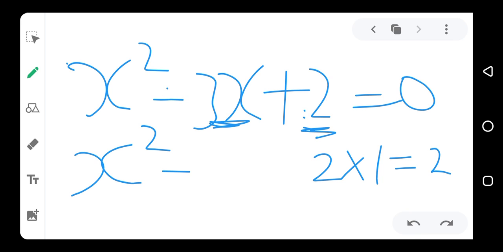If you say plus 2 times plus 1, it will give us plus 2, but 2 plus 1 will give us positive 3, not minus. So we cannot take this one.